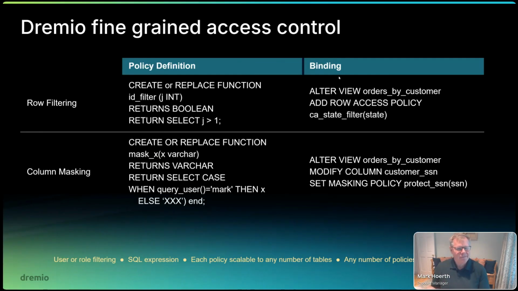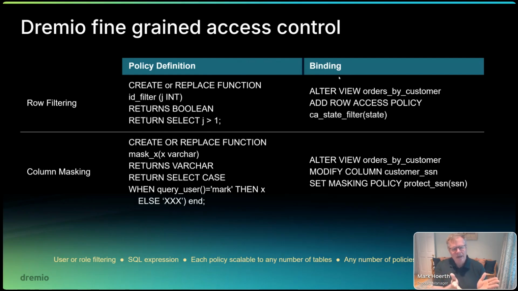The reason why I've focused on this is because Dremio is currently creating a version of this functionality to contribute to the Apache Polaris open source community. And we're planning to make it available later this year. So this is a great thing to learn a little bit more about because it's only available within Dremio today, but it will soon be available through open source as a result of a Dremio contribution.